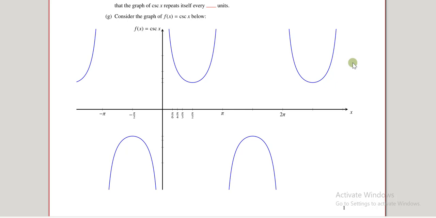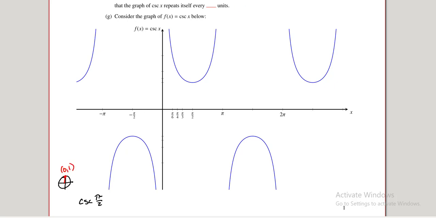Okay. So for example, if we were to evaluate some points on here, say the cosecant value of pi over 2, what we would do is go on our unit circle to the angle pi over 2, which is right there, and we'd give that ordered pair, which is 0, 1.